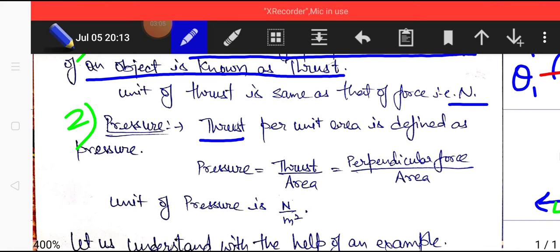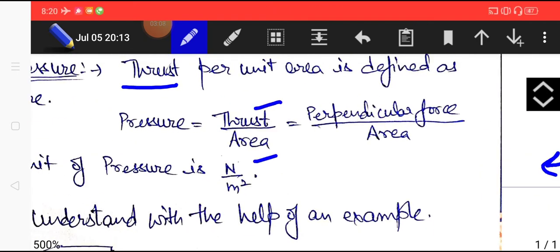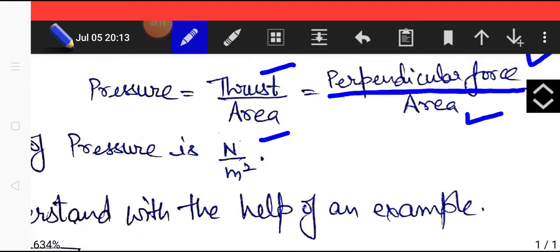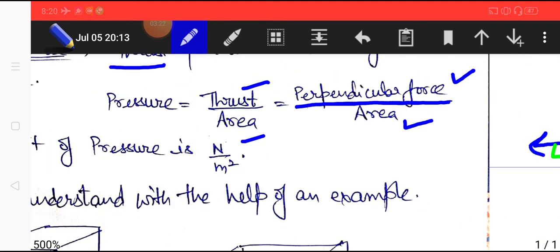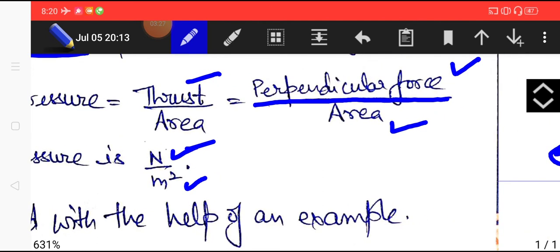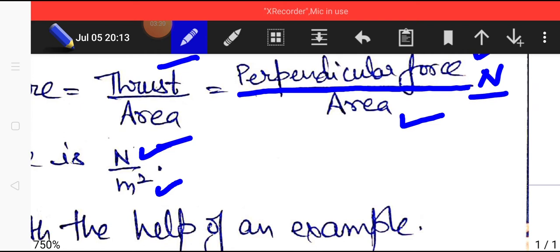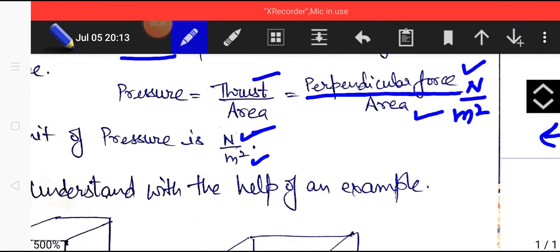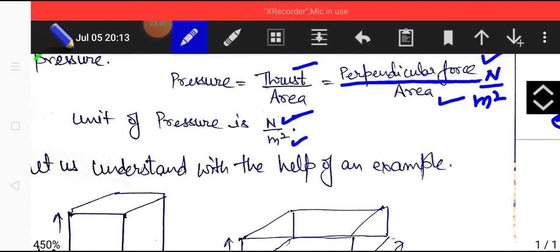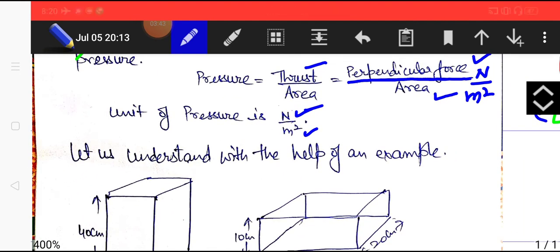So pressure is thrust per unit area, or the perpendicular force divided by area. तो परपेंडिकुलर फोर्स को जब हम एरिया से डिवाइड करते हैं तो हमें प्रेशर मिल जाता है. अब बच्चे आपको पता है कि फोर्स की यूनिट न्यूटन है, और एरिया की यूनिट मीटर स्क्वायर. तो जब हम न्यूटन को मीटर स्क्वायर से डिवाइड करेंगे तो हमें प्रेशर की यूनिट मिल जाएगी. So the unit of pressure is Newton per meter square. When we divide the unit of force by the unit of area, we get the unit of pressure.